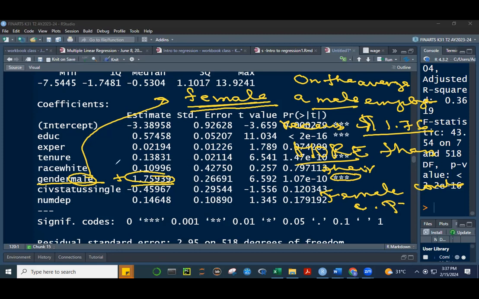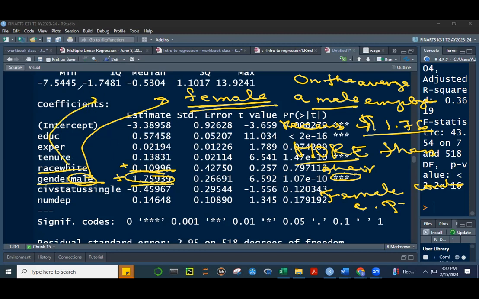Okay. So assuming, class, that race white is significant, but it's not significant, let's just assume that it's significant. So how do we read this? On the average, white employees receive $0.10, $0.11 rounding off, $0.11 more than their non-white counterparts. Again, this is to be benchmarked.